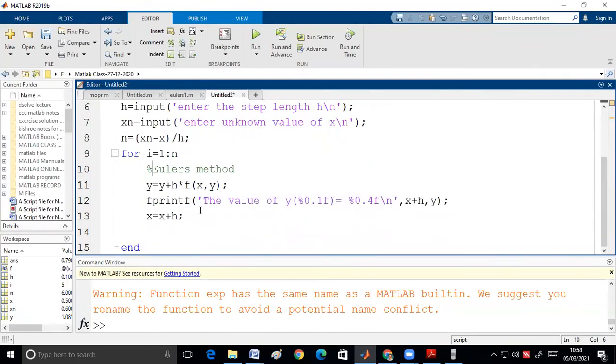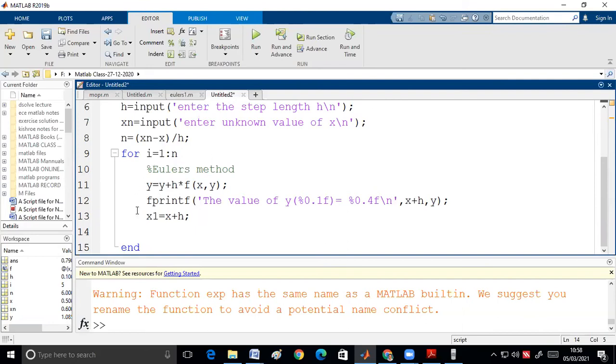After finding the Euler method, I will call it x1. x1 equals x0 plus h. Fine.